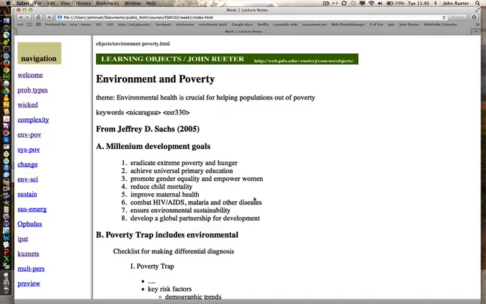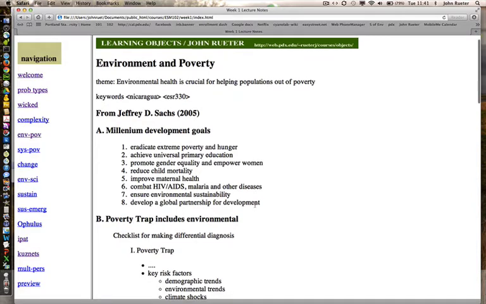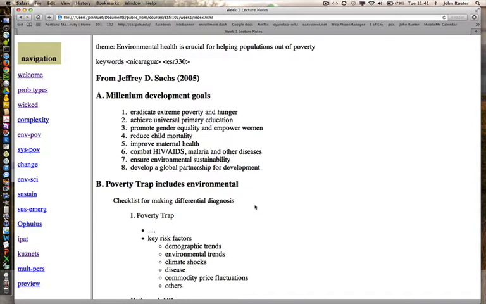Around the time of the millennium, and in 2005, Jeffrey Sachs published a book about poverty, and he talks about the Millennium Development Goals that were goals set up by international organizations. And what I want to do is highlight how some of these relate directly to the environment and some are indirect. So you can see the 8 goals here.